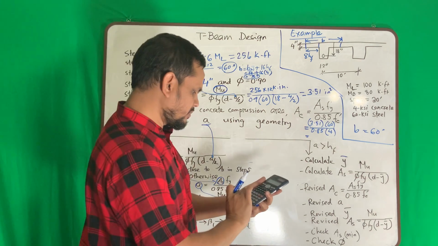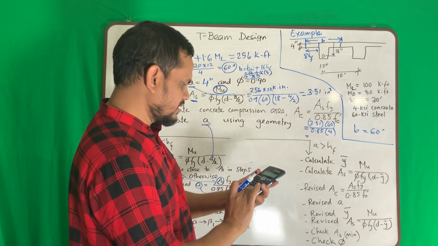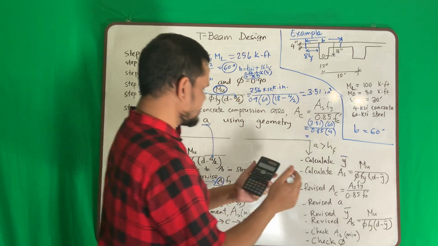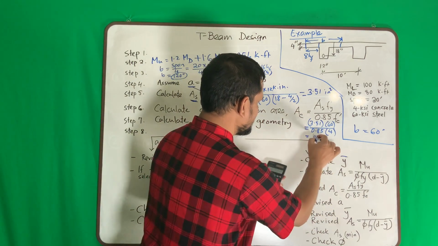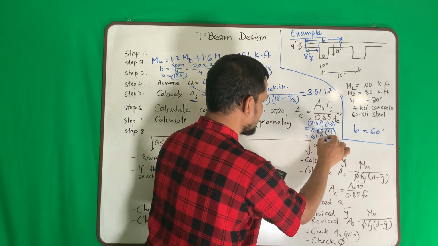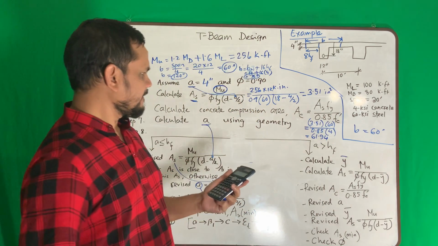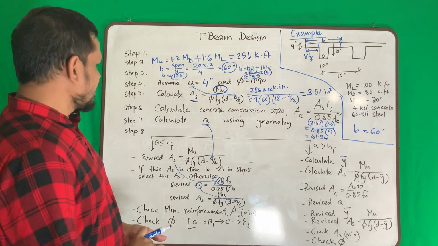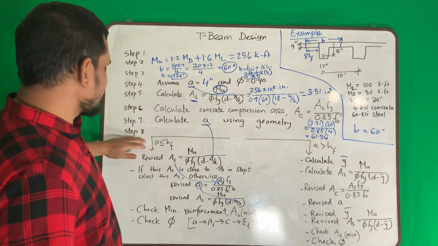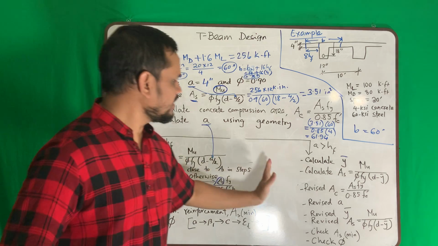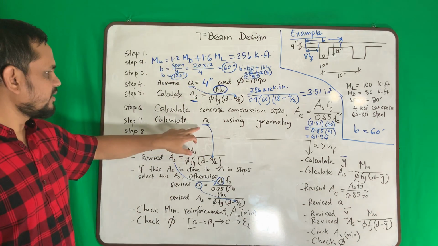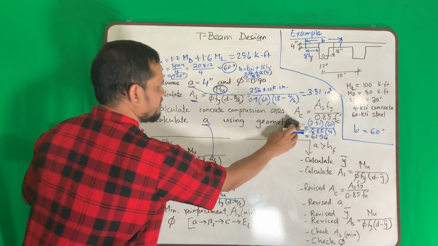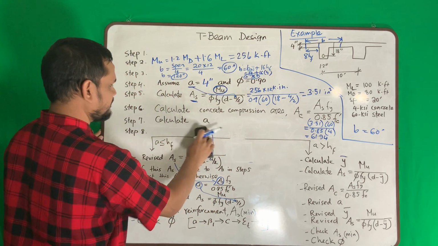If I do 3.51 times 60 divided by 4 divided by 0.85, I get 61.94 inch square. Now we have to decide whether we are here or there. So we have to calculate our a now using geometry.